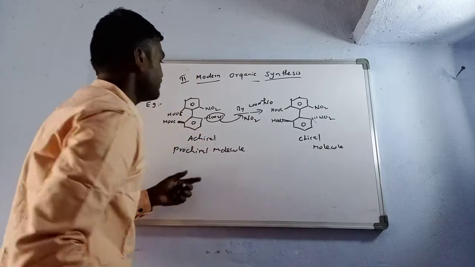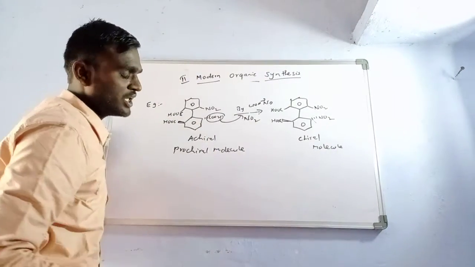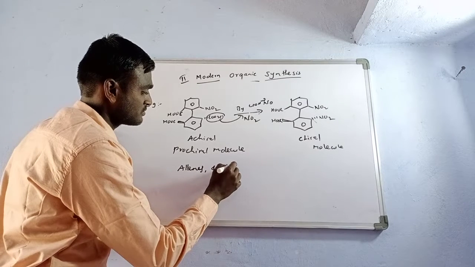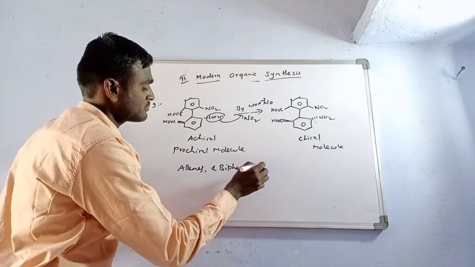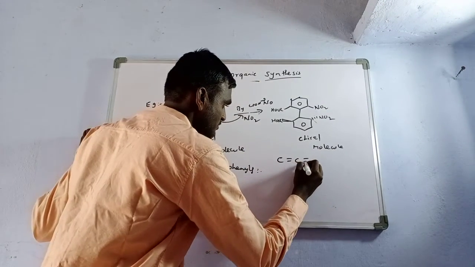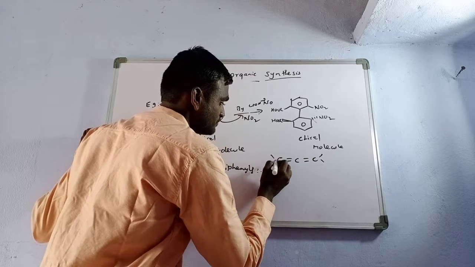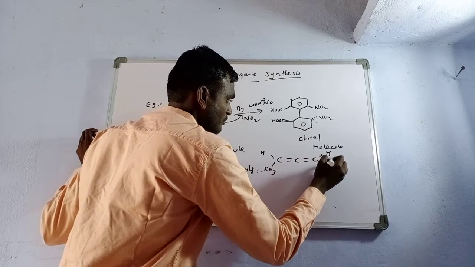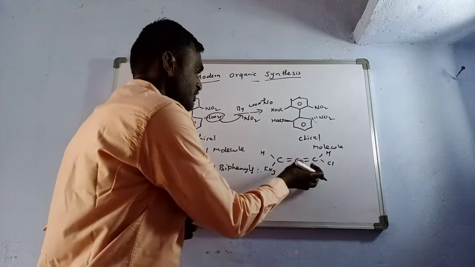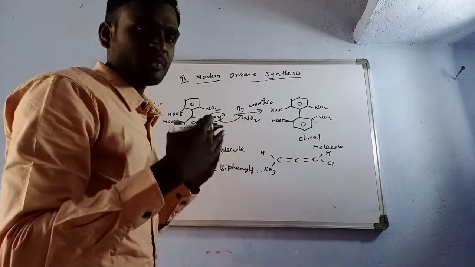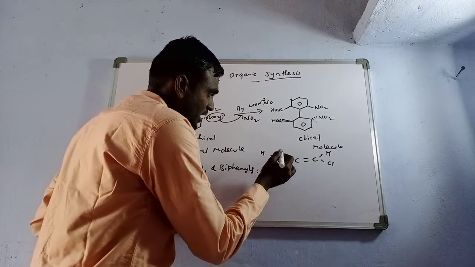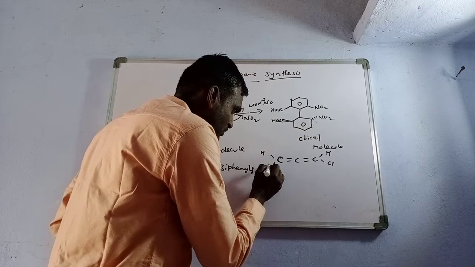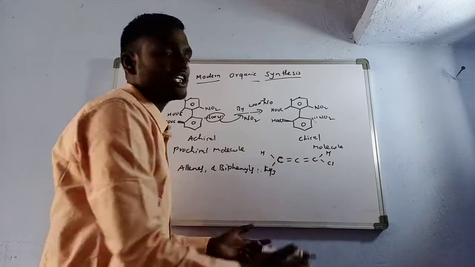Let's see some conditions for chirality for allenes and biphenyls. Whenever it is an allene, this is the allene type molecule, the two double bonds are mutually perpendicular to each other. When this carbon has the same substitutions, the molecule becomes achiral.